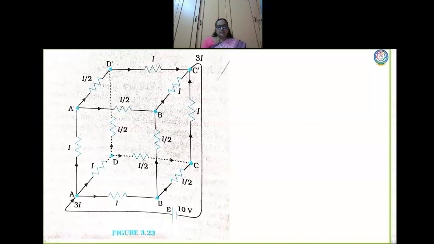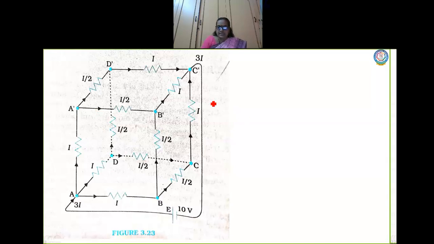Now I am going to write the equation for this. I am going to apply the voltage law here. The current is entering here. So here is a resistor whose value is R, and the current entering in this lead is I, and the direction of current and the assumed direction are the same.